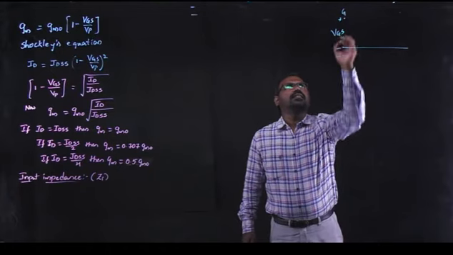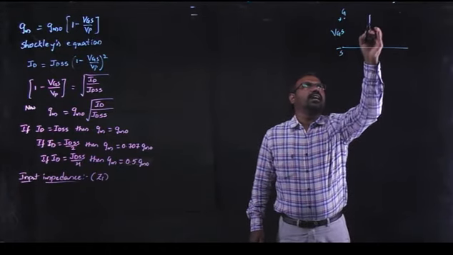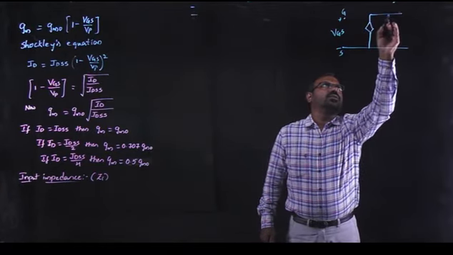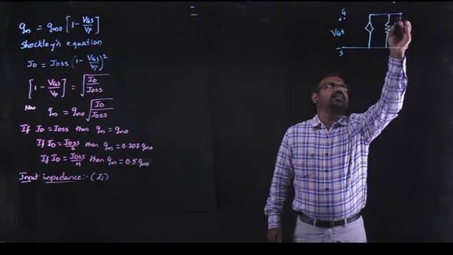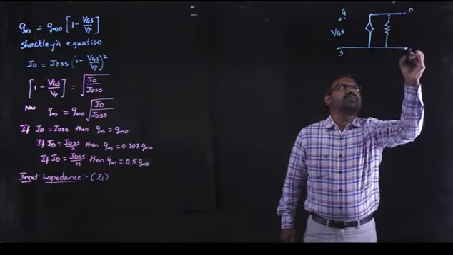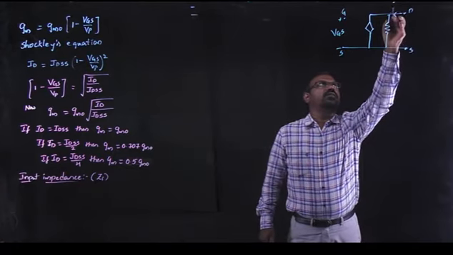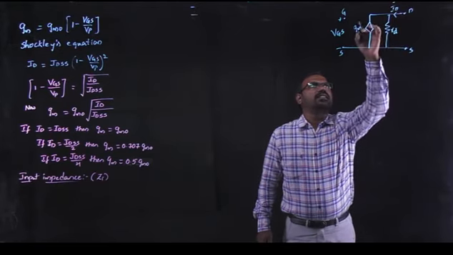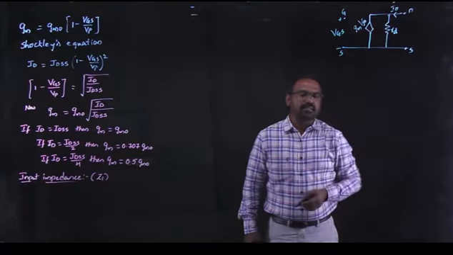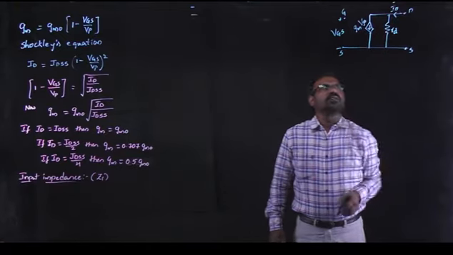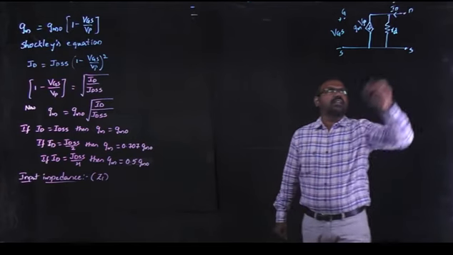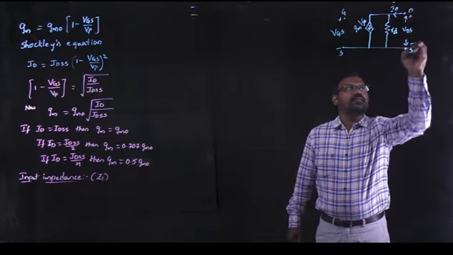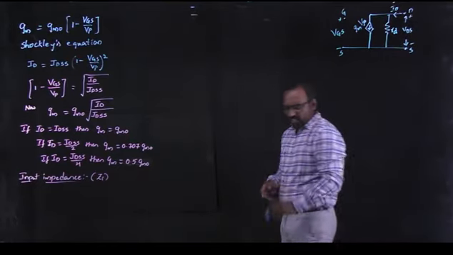Between drain and source, we are having a current source parallel to a resistance RD. The current flowing through it is ID. This is RD, and this current source value is Gm VGS, in the downward direction. So this is the small signal equivalent, and the voltage between drain and source is VDS, that is our output voltage.